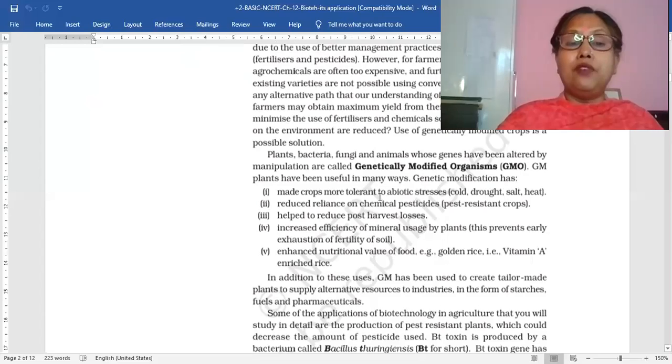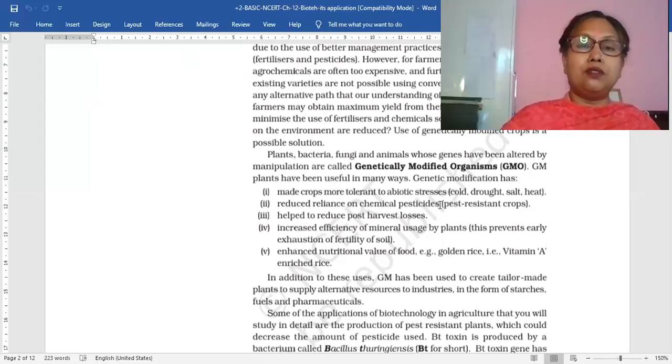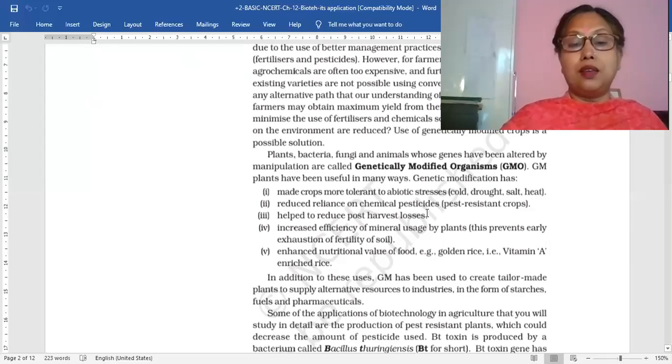So we go for GMOs to make crops more tolerant to abiotic stress, or to reduce the reliance on chemical pesticides. You know that chemicals have certain side effects. And we can also help to reduce pests and the harvest losses.